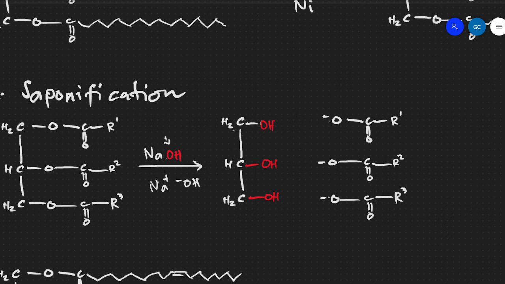Then, what will happen here ay yung ating Na o yung ating sodium, sabi natin kanina, ay magiging positively charged, and it will be attracted to this negatively charged oxygen. So, yan yung mga magiging product natin. So, we have here this glycerol and this sodium salt.